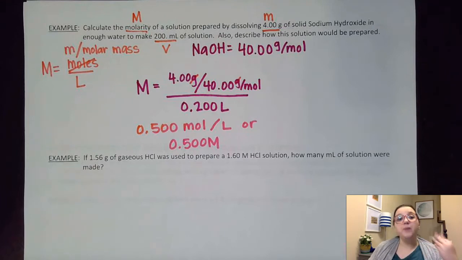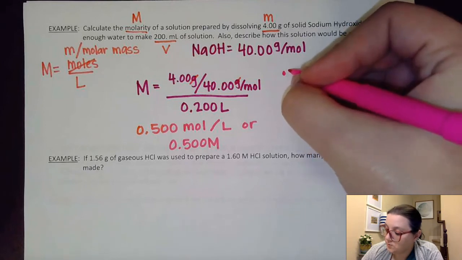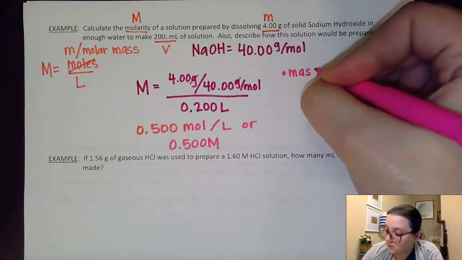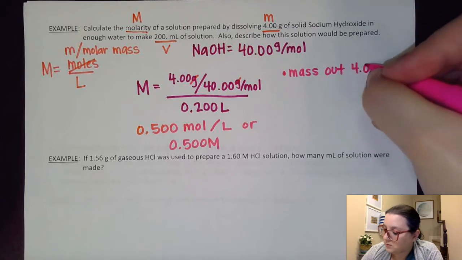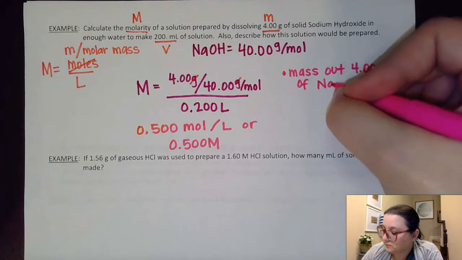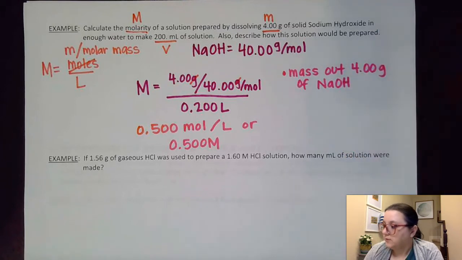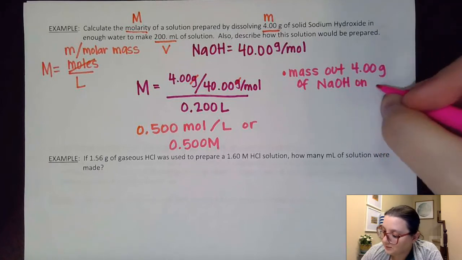Now, as far as preparing the solution is concerned, the first thing I would want to do is to mass out that 4.0 grams of NaOH, since I already did my calculation, and I'm going to do that on a balance.